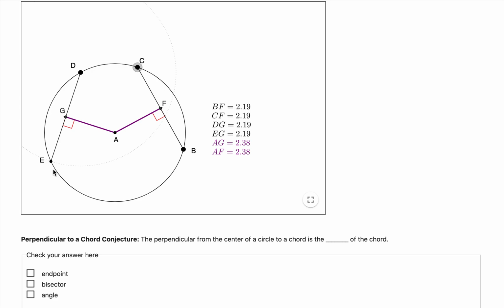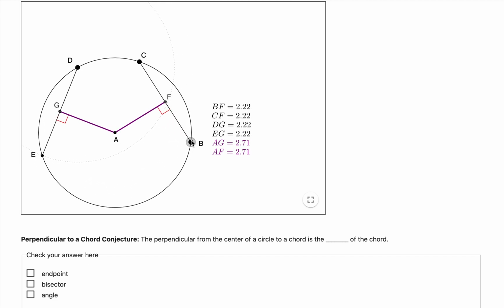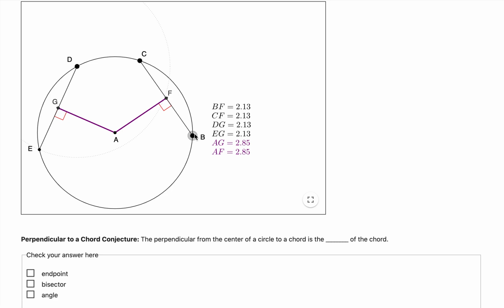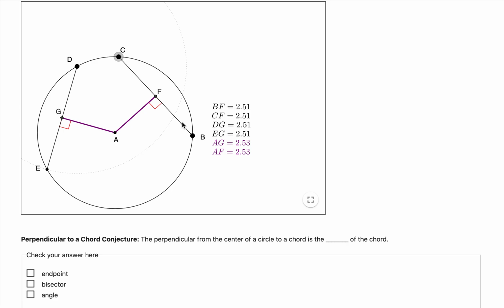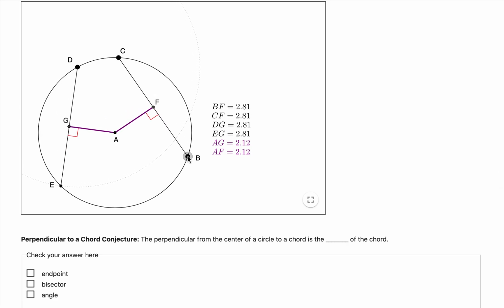The reason why we would create a perpendicular is to find the distance from the center of the circle to that chord. But what I want you to first notice is no matter how much I change the full length of the chord, what does this perpendicular line do to the chord?